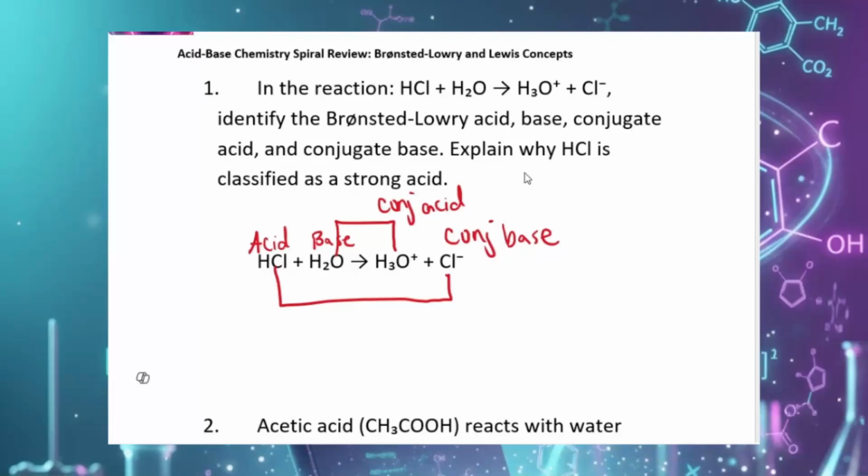The conjugate base Cl minus is formed when HCl loses a proton, and the conjugate acid is formed when H2O accepts a proton. Make sure you all remember that.